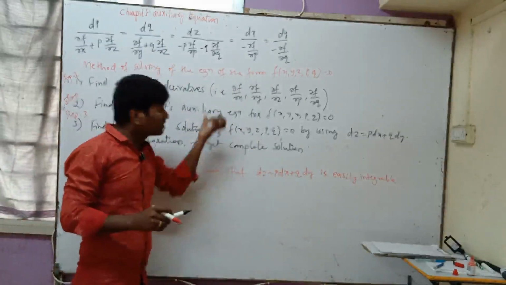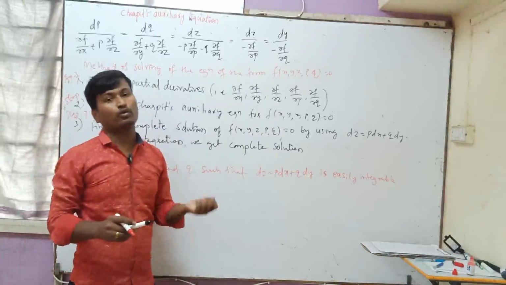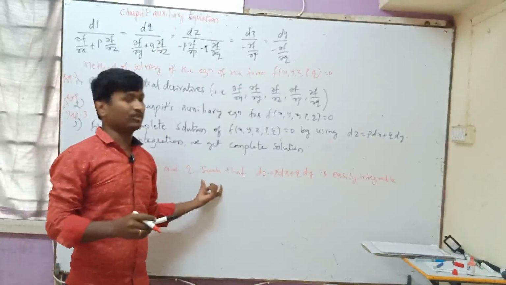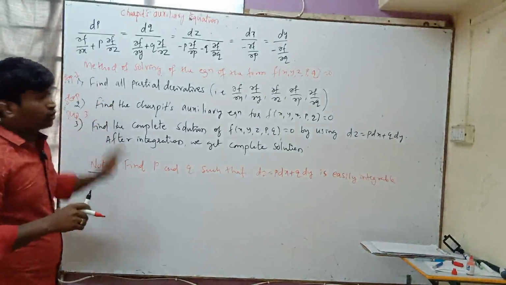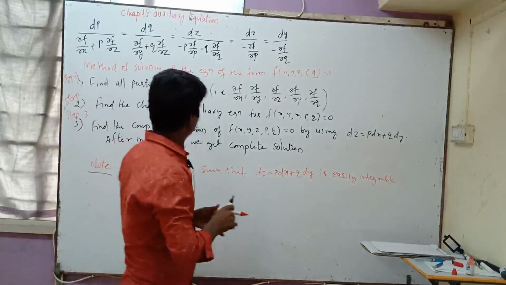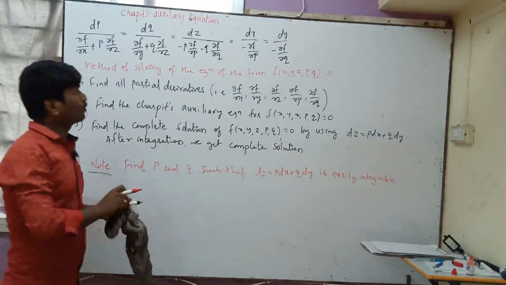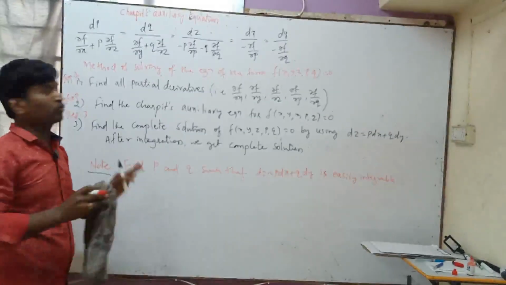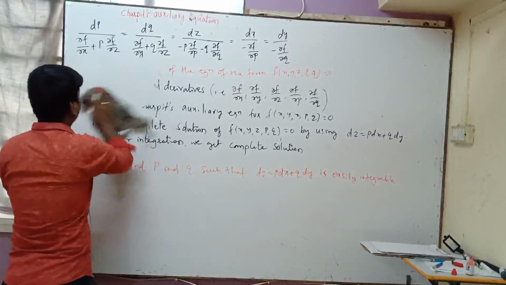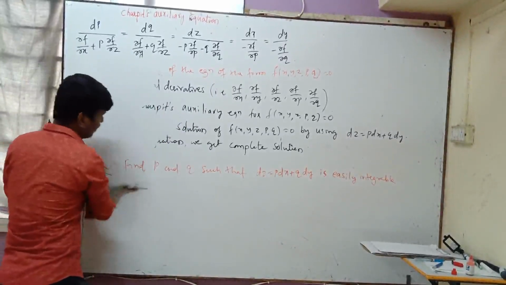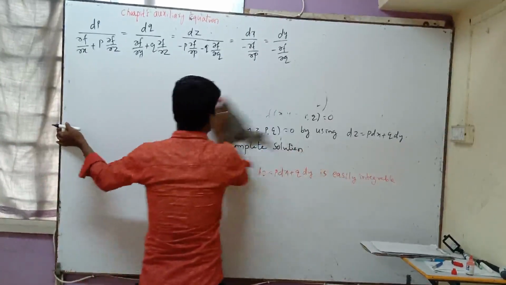Remember, in this Charpit's method there may be a 5 marks or 2 marks question in your semester examination. So now I will solve one problem, and then you will get a clear idea how to solve. You have to follow the same method to solve a given partial differential equation.